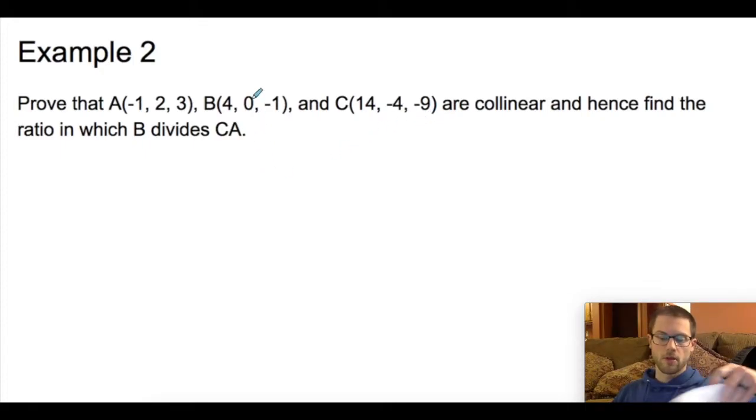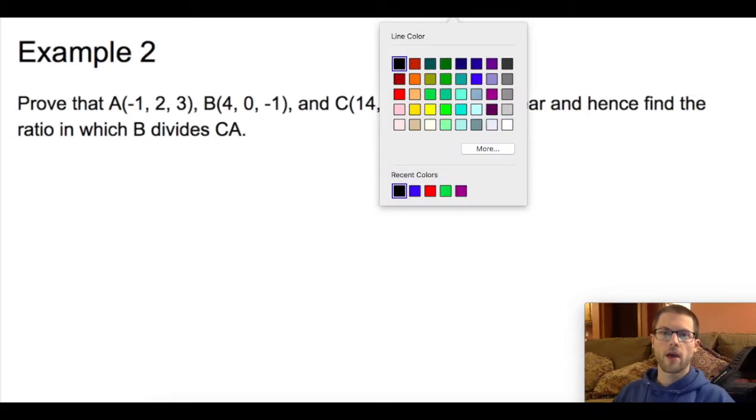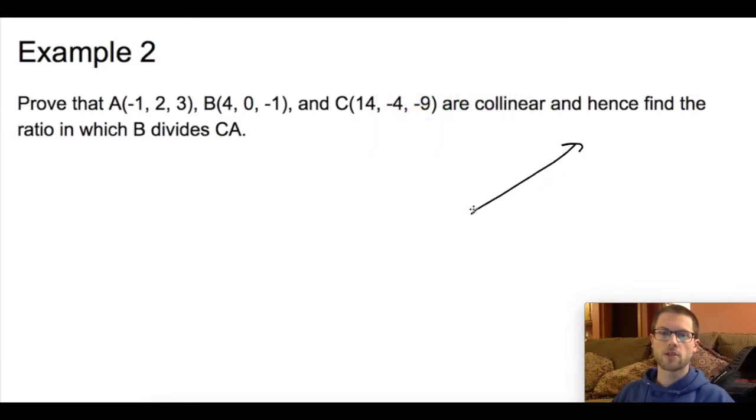If I draw these 3 points on a line, with B in the middle of CA, this is C, this is B, and this is A. I really don't know if that works with these numbers, and I don't really care, because I just know that B is in the middle of CA.